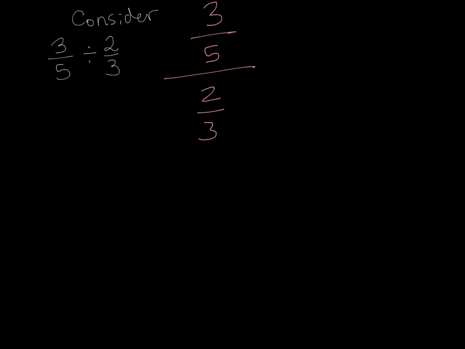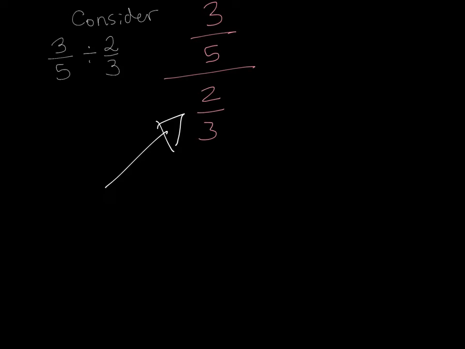So we have our fraction up here. And any number x divided by 1 we know is going to be x. So if we can somehow make this denominator 1, then whatever's left in the numerator is our answer.